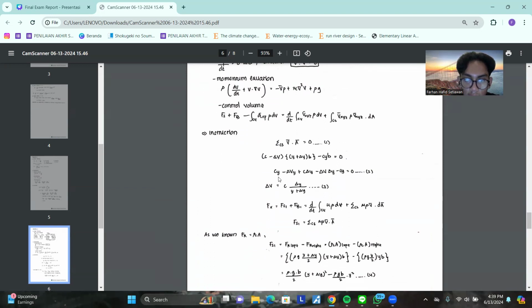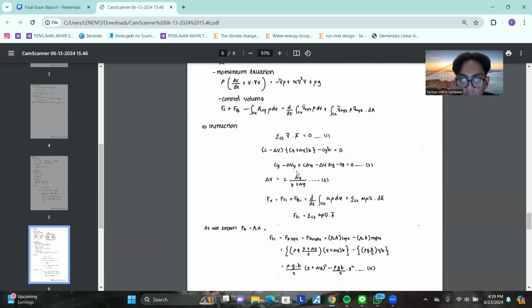And we can get c y minus delta V y plus c times y minus delta V times delta y minus c y equals 0. By substituting and simplifying these equations, we get delta V equals c times delta y per (y plus delta y). Okay, we substitute delta V.